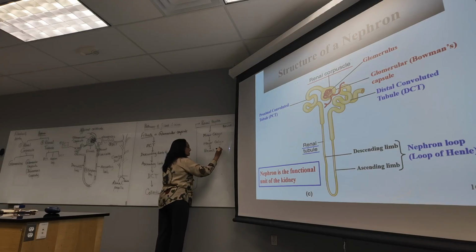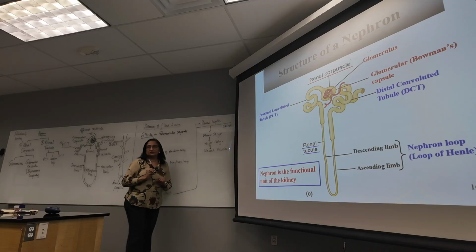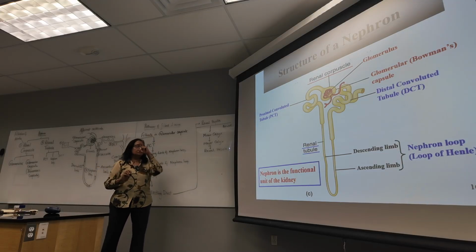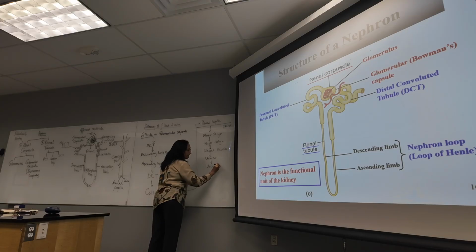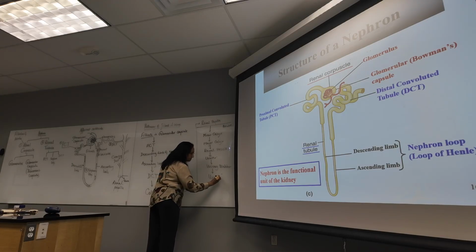I'm just going through all the anatomical structures. It's all a continuous tube. Renal pelvis, ureter, urinary bladder, urethra, and out.